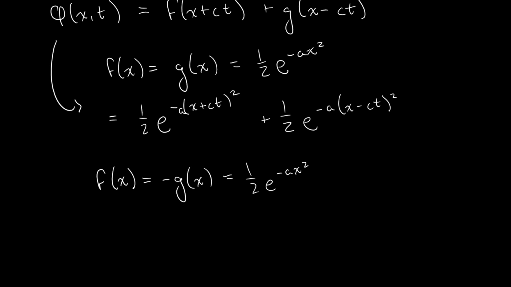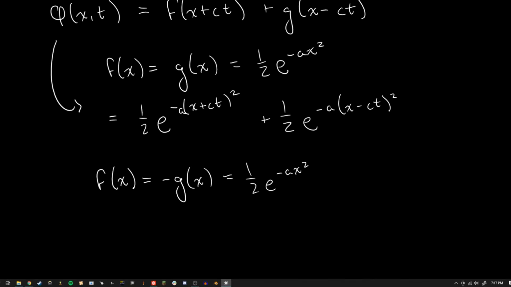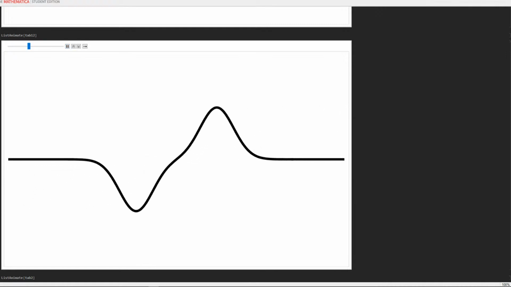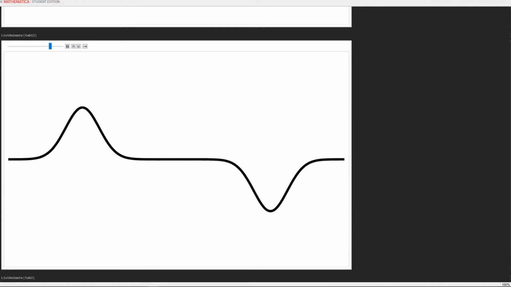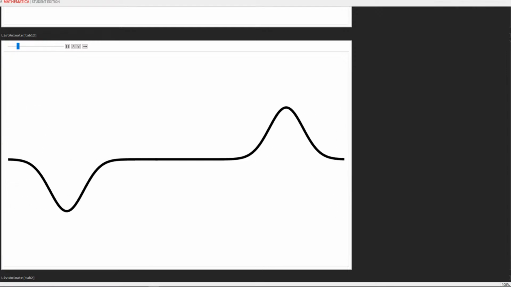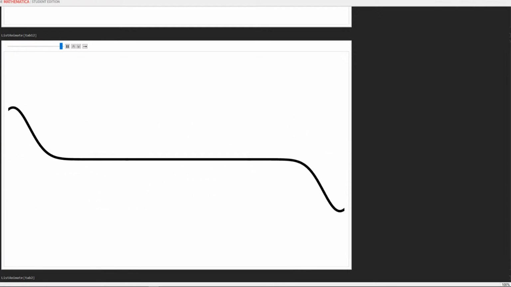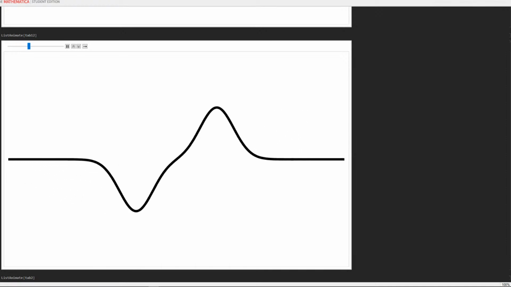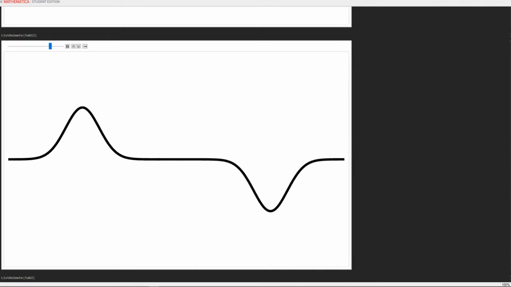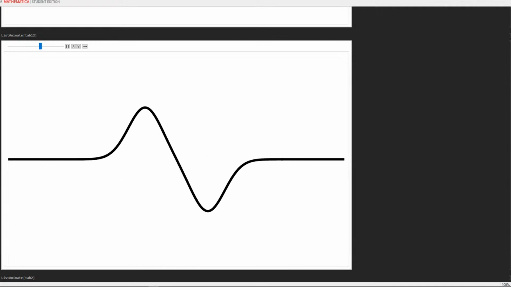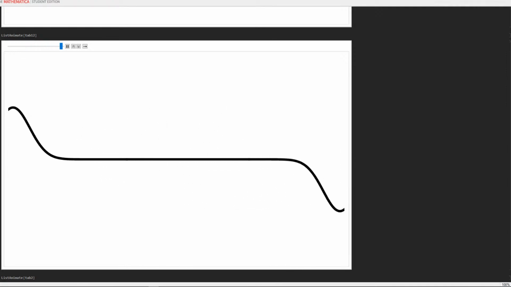In this case we see something very similar. We get these two bumps coming towards each other, but as soon as they start to overlap, they start to cancel each other out. Again, they eventually move along their way, and the destructive interference is no longer there. It only exists when the two pieces of the wave are actually overlapping.